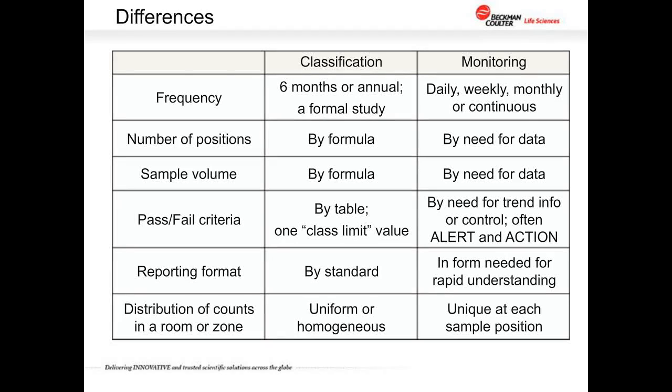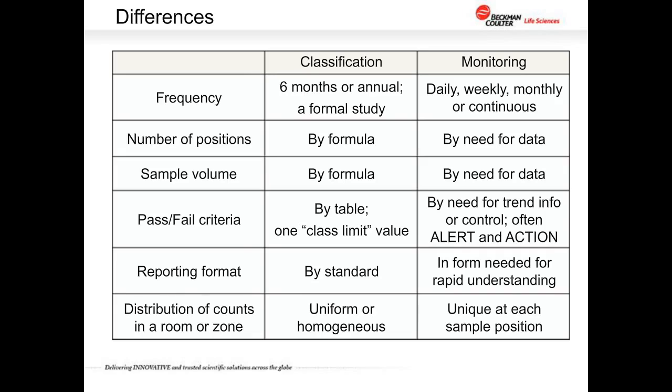So just as a general discussion, when we look at these two types of uses, classification and monitoring, the frequency is the first thing that is significant. Basically, classification is a formal study of an area done maybe every 6 months or every 12 months. There are formulas for setting up the number of positions and the sample volume. There is a singular pass-fail criteria.